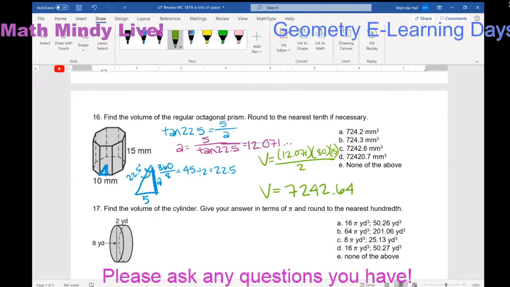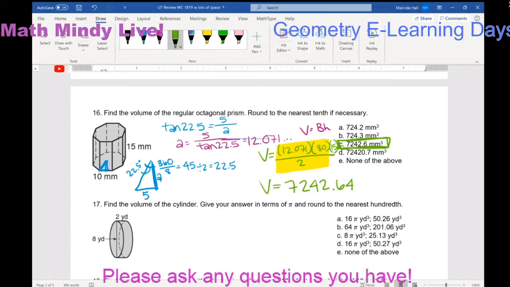So in case I messed you up at all, the 12.07 times 80 is your area of the base, and the 15 is your height. Remember that volume is just base area times height. And make sure you're following the formulas, because as you can see, it's easy to accidentally forget something. But since it's 7,242, that would be C, and we would be good with that. Okay.